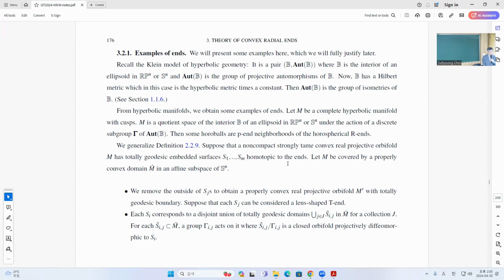And suppose we have some totally geodesic embedded surfaces homotopic to the end. Maybe I should say these are hypersurfaces actually, right?